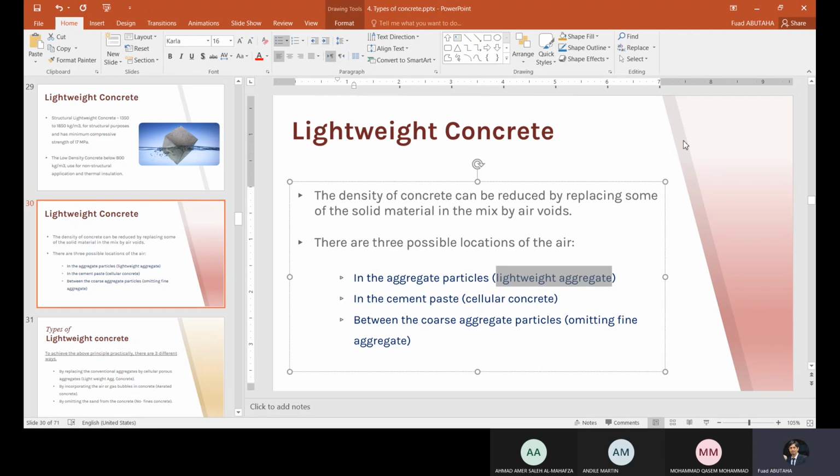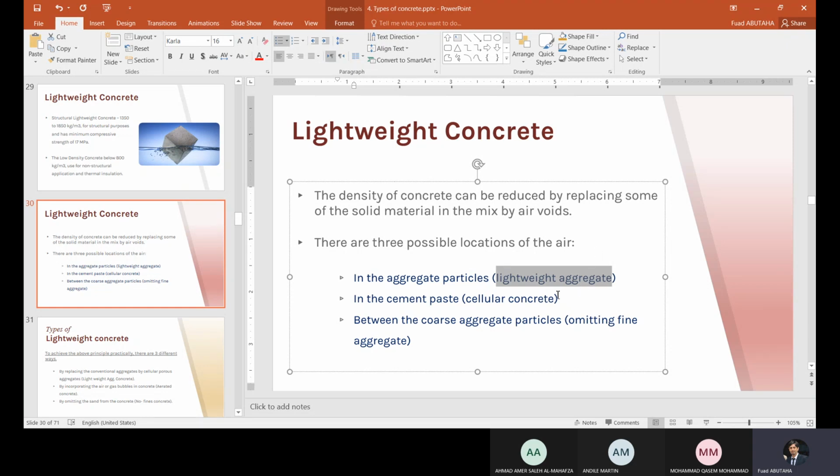If I take, for example, 1 kilogram of concrete, let's say 750 grams is the weight of the aggregate itself, and the remaining 250 grams comes from the sand, the cement and the water. So the majority of the weight of the concrete comes from the aggregate itself, 75%.